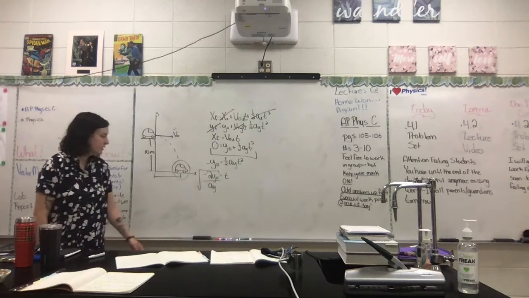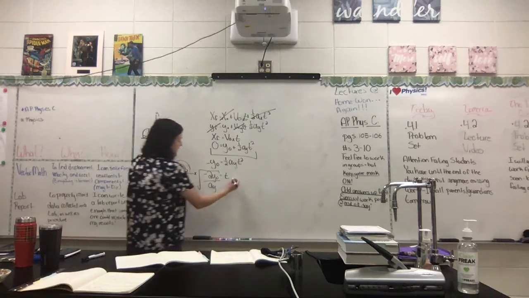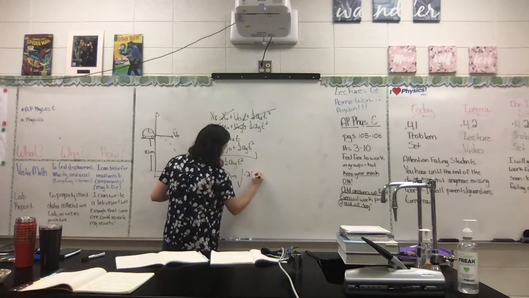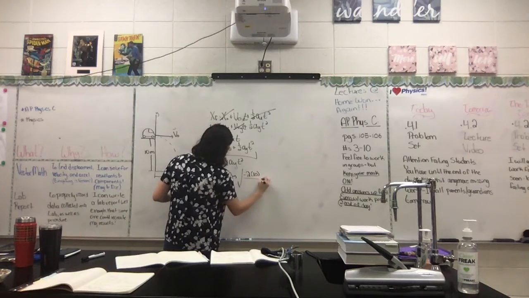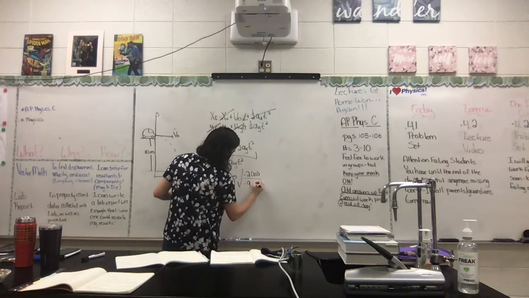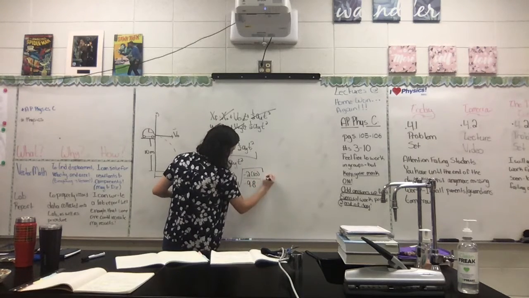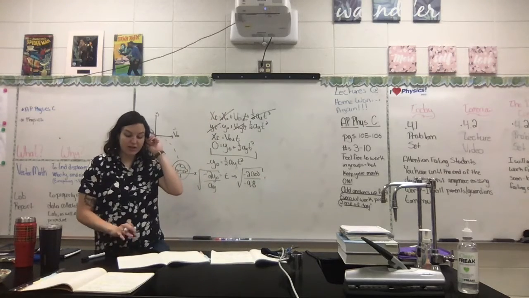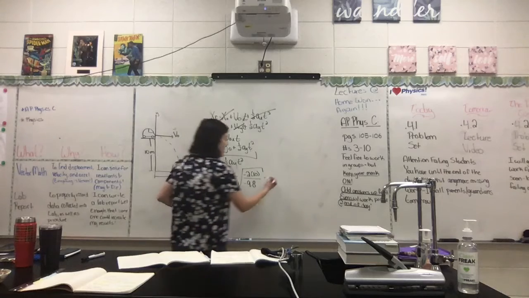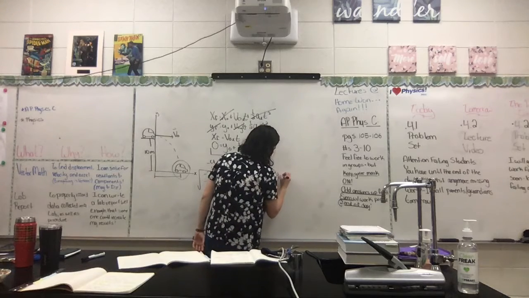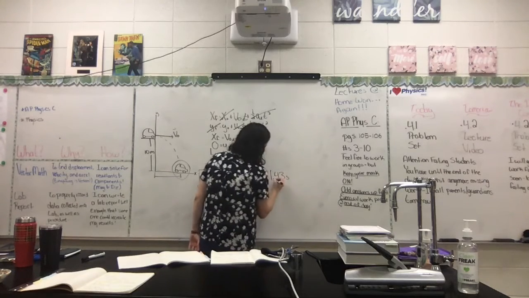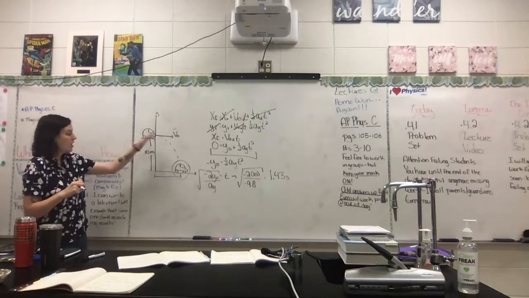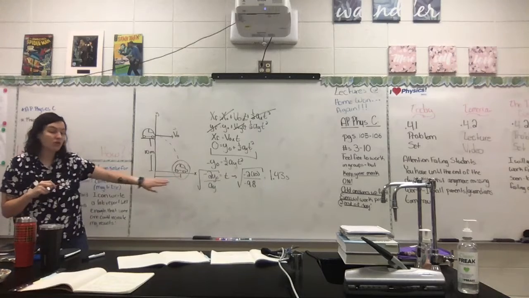Okay? So when we plug this in, we're going to have the square root of negative 2 times 10 divided by negative 9.8. You take a second and plug that into your calculator, you're going to get 1.43 seconds. So it's going to take 1.43 seconds for this car to get to its final position.